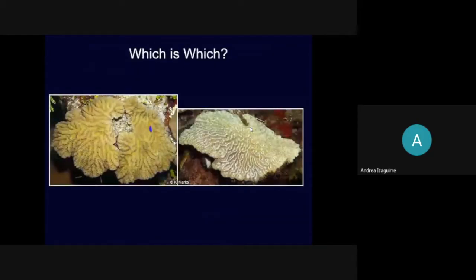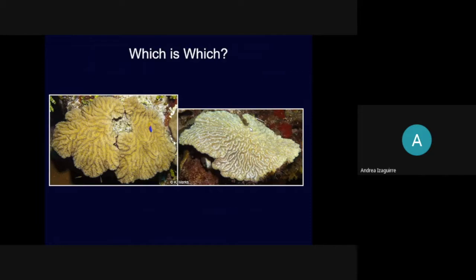So if you see in these two pictures, the one on our left is going to be our Meandrina meandrites, because it has the same color throughout and it doesn't really have as much of a valley that I can see.